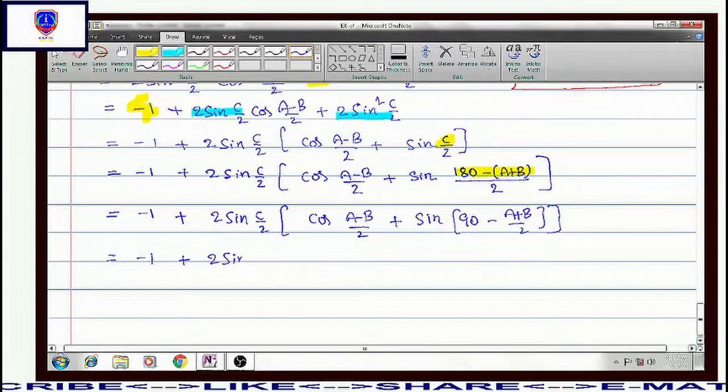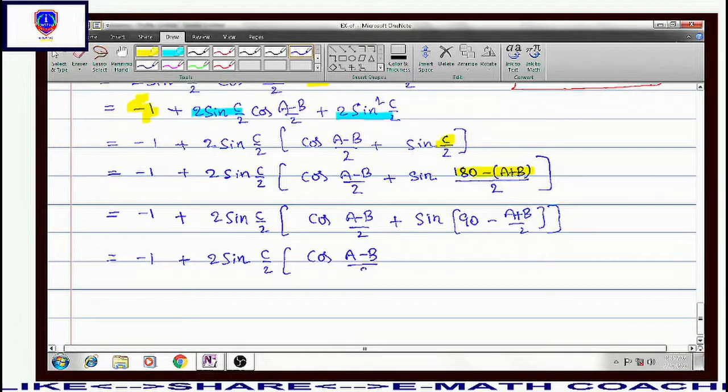Whenever 90 occurs, the trigonometric function changes; this term is a sine function, so it turns into cos of (A plus B) by 2.